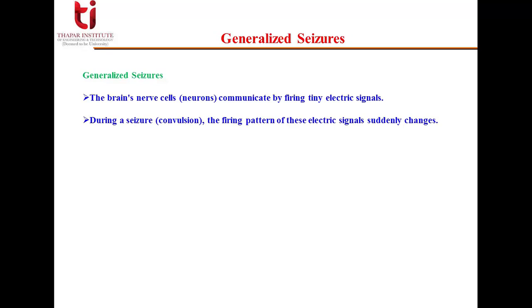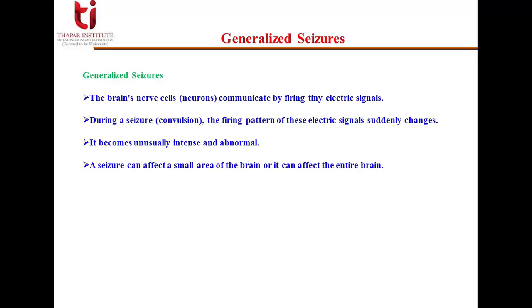Now we will see what can be the different kinds of disorders. In this we will mainly talk about generalized seizures. The brain's nerve cells, that are neurons, communicate by firing tiny electric signals. During a seizure or convulsion, the firing pattern of these electrical signals suddenly changes. It becomes unusually intense and abnormal.